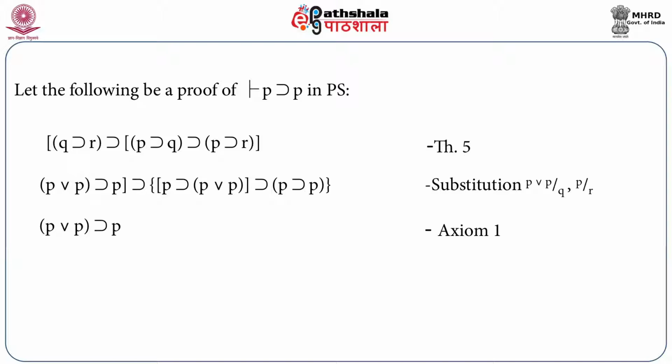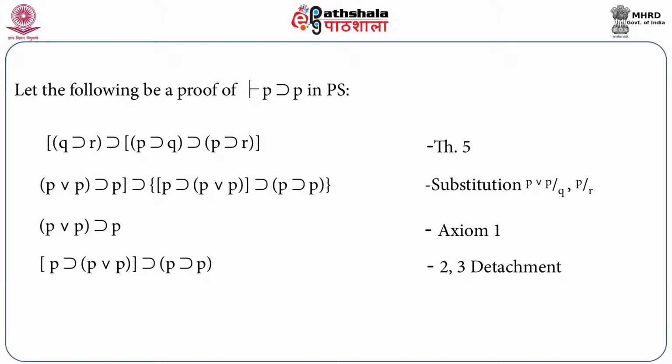See, P or P implies P is the antecedent of step number 2. So if we apply this rule of detachment, then we can get the consequent part, that is, if P implies P or P, then P implies P. So we get the fourth step.